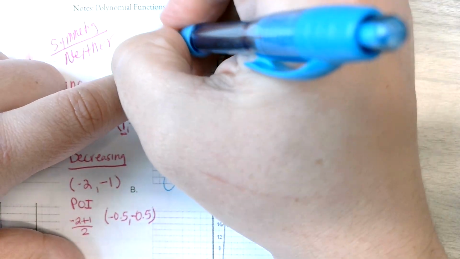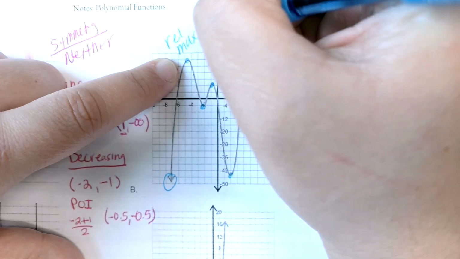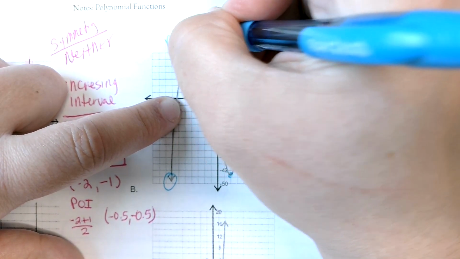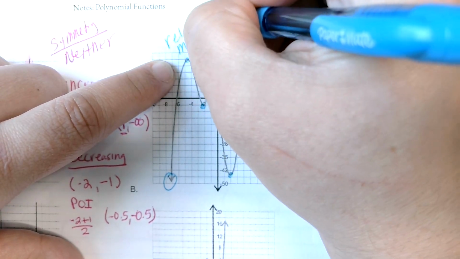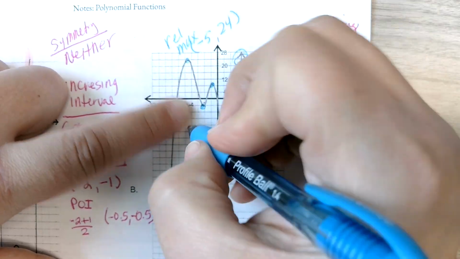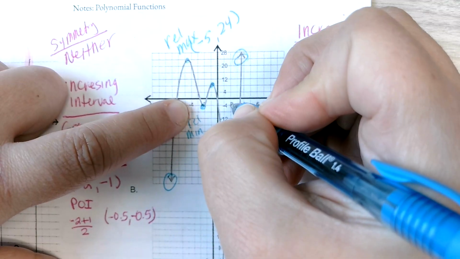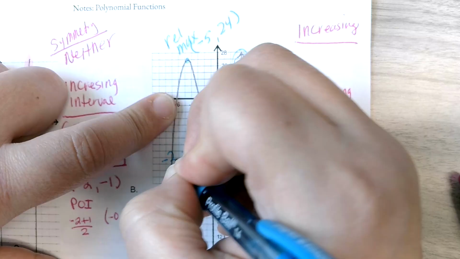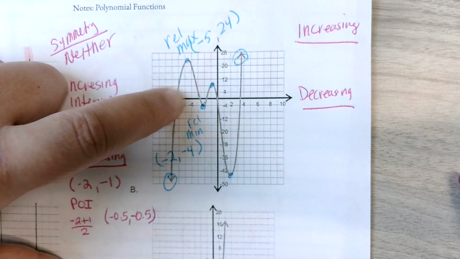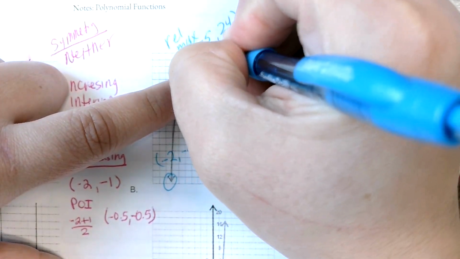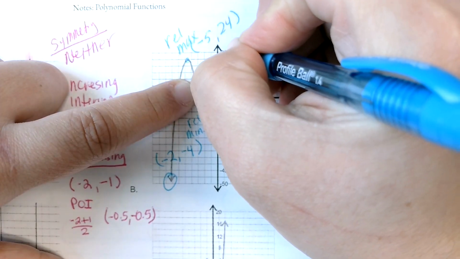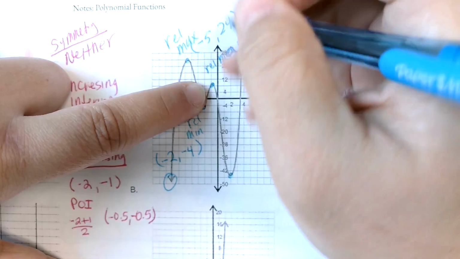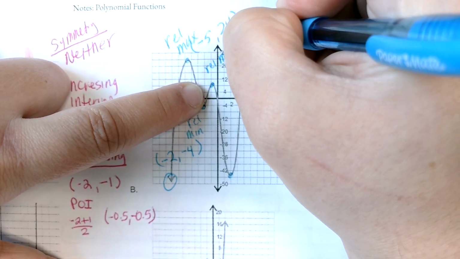So this is a relative max, and the point is, I'm going to kind of guess here, it's about -5, 24. Then we have a relative min at -4 on the y-axis, but -2 on the x-axis. So -2, -4. Another relative max, and that one's at -1, 8.